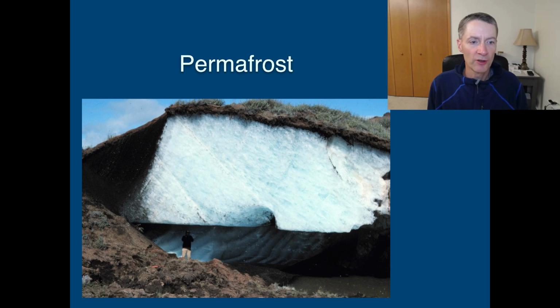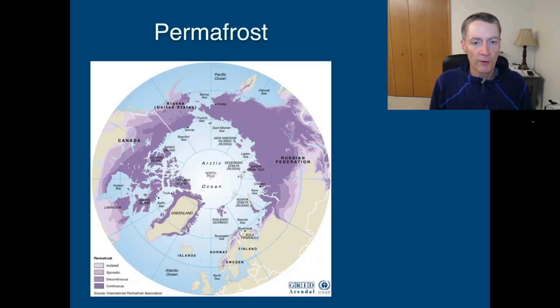The permafrost. There are organisms that exist in the ground that remain frozen throughout the year. Permafrost is that ground that remains frozen throughout the year. It doesn't matter if it's summer or winter here in New York. There are areas of the globe where there's permafrost.